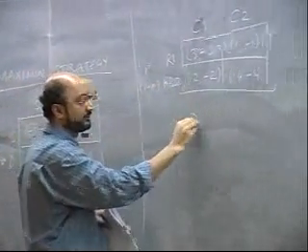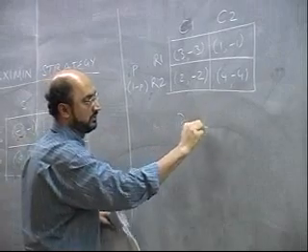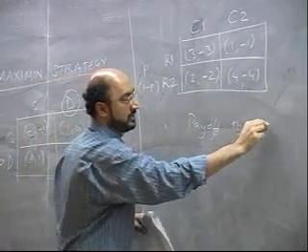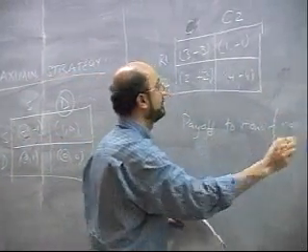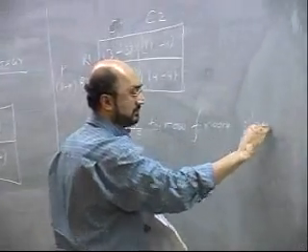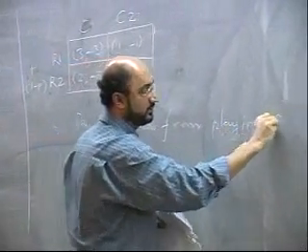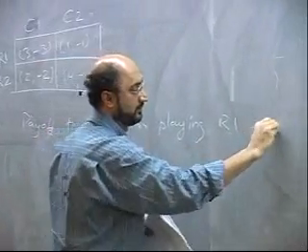So what's the payoff to row from playing R1 with probability P?